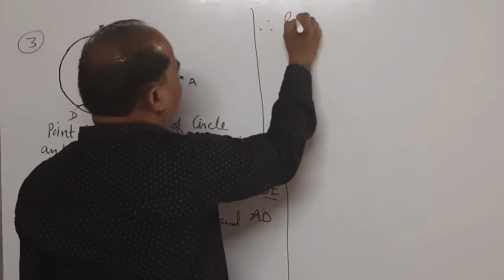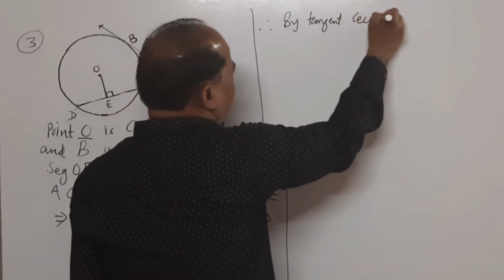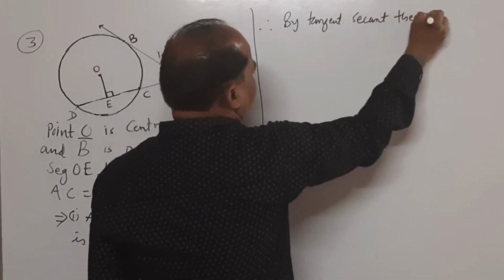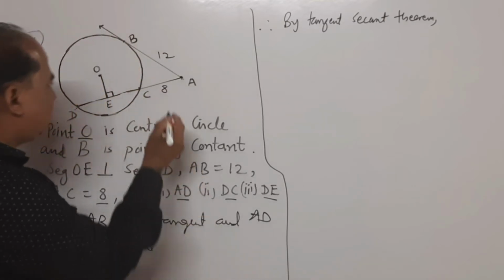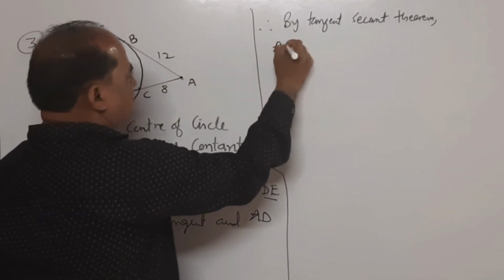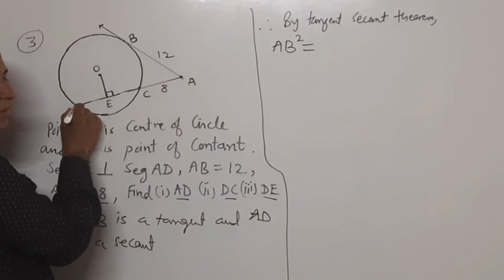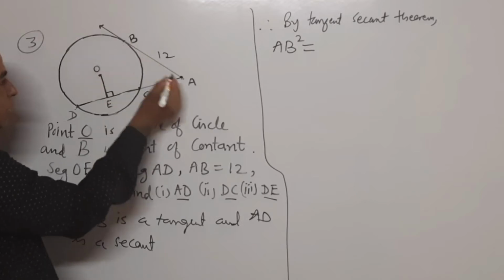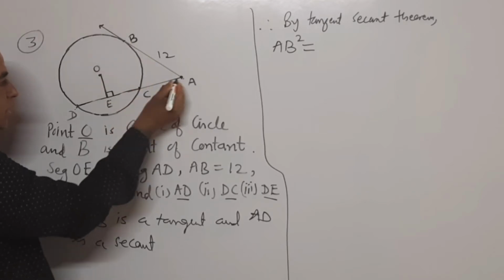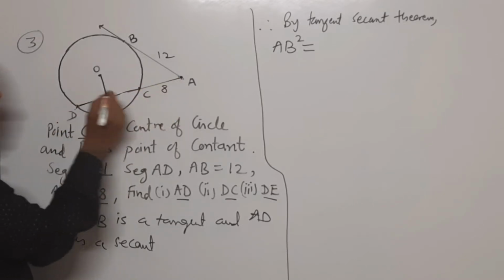Therefore by the tangent secant theorem, the square of the tangent segment, AB square, is equal to AC into AD.